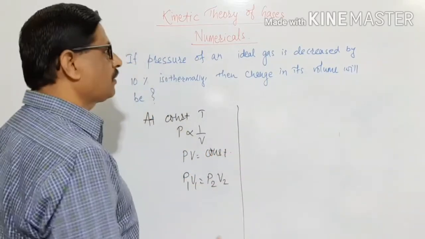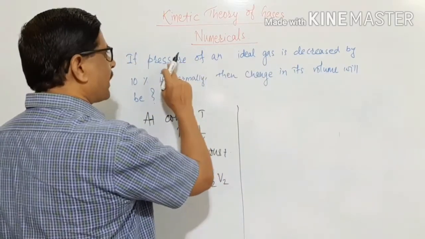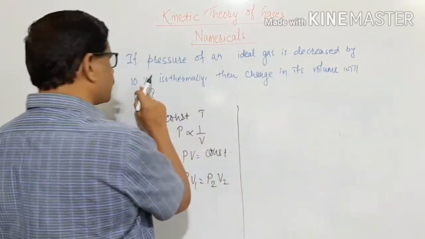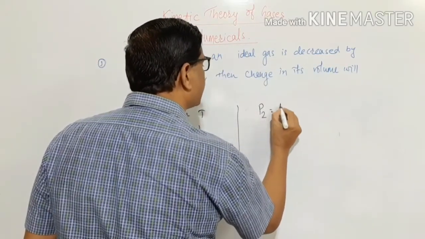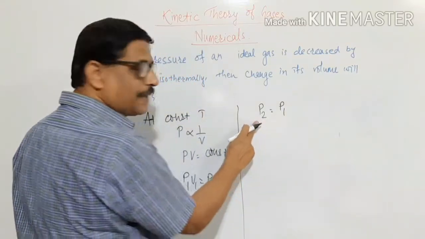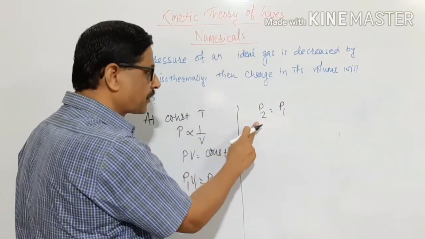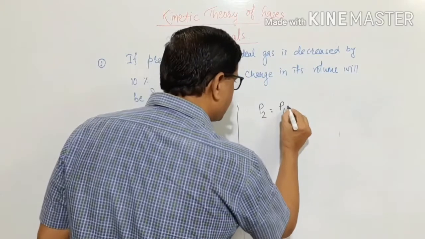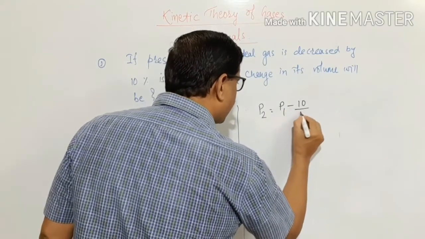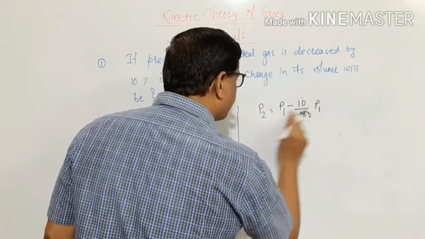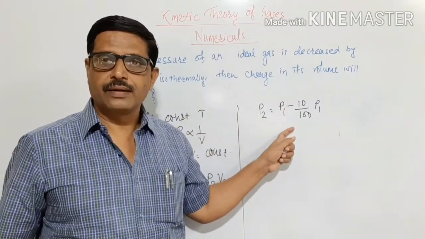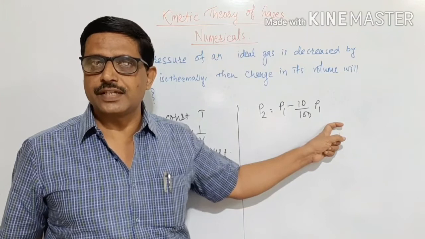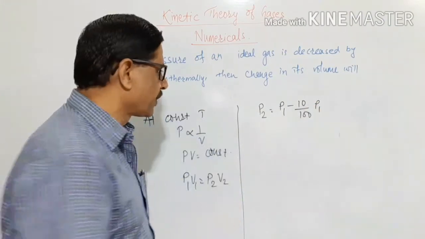Here what is given? The pressure of an ideal gas is decreased by 10%. Decrease of pressure by 10% can be written as: P2, the final pressure, is less than the initial pressure by 10%, and it should be written like this: P1, initial pressure, minus 10% of initial pressure, that is 10 by 100 P1.